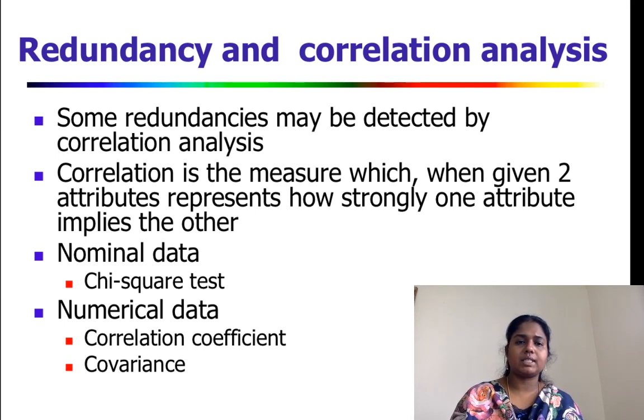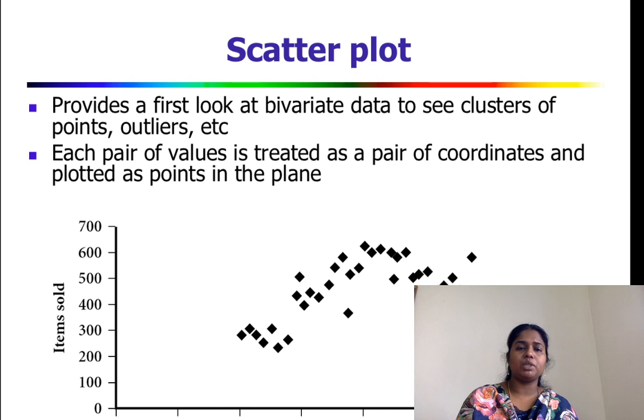The next question is, how do we identify redundancy? The first methodology we use is a scatter plot. A scatter plot is used only for bivariate data, to plot the values of two data attributes. I can use a pair of data attributes and plot their values. In this scatter plot, I see that the unit price varies from 0 to $140, and on the y-axis, I see the number of items sold.